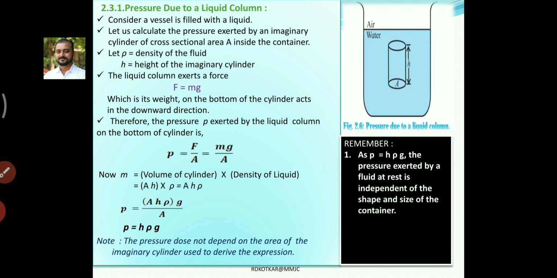Whatever the shape of the liquid container, the pressure exerted by the fluid at rest does not depend on that shape, because the height decides the pressure exerted by the liquid column. Then P equals h into rho into g. It is true for all liquids as well as for gases.